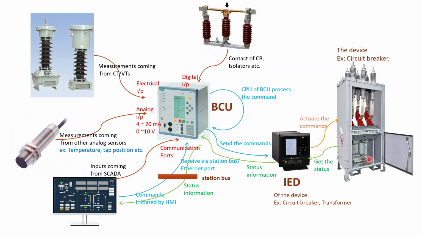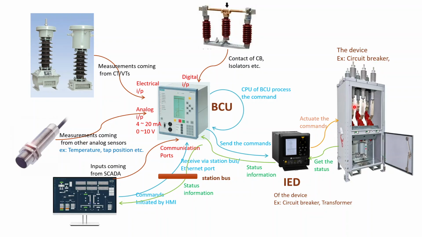Or any other device. So for example, here we have a circuit breaker, and there is an IED attached to this circuit breaker, right? So this command is going to that corresponding IED, the intelligent electronic device, and the IED itself has a microprocessor or some processing unit. So it processes that command, identifies what the operation is, and then it sends the actual signals to the circuit breaker.